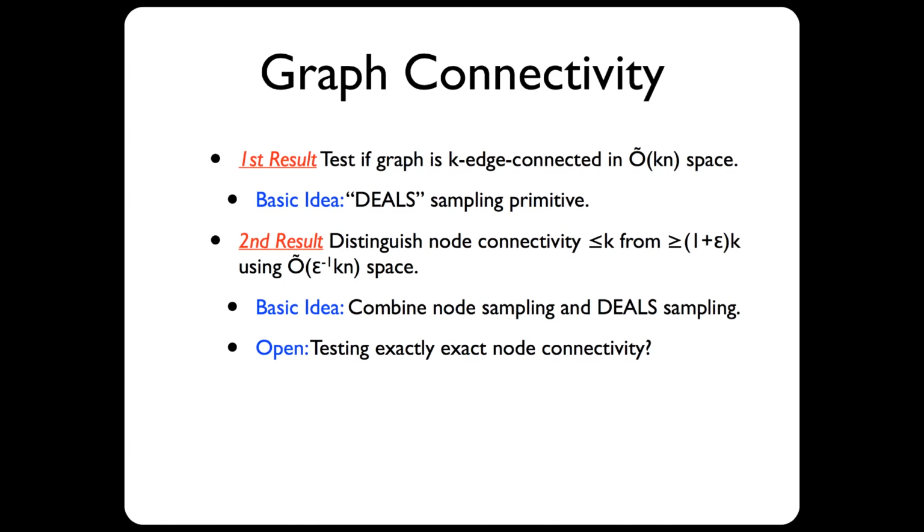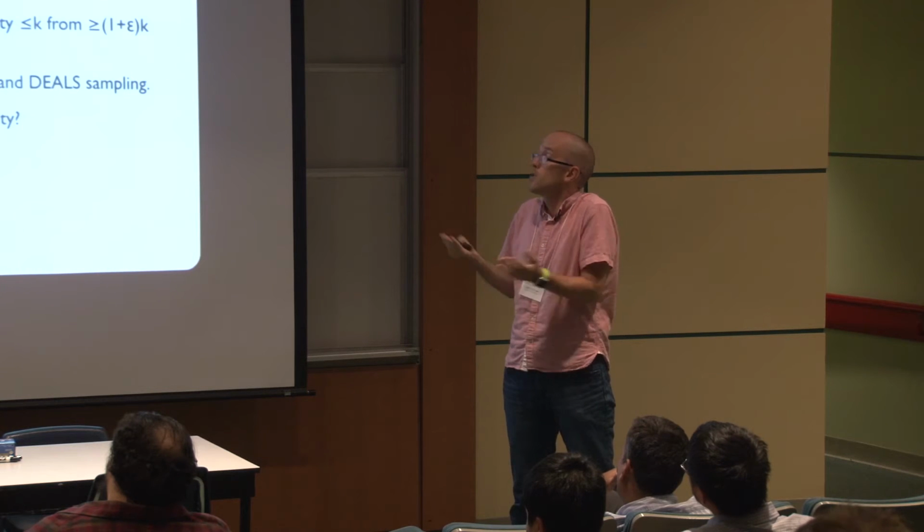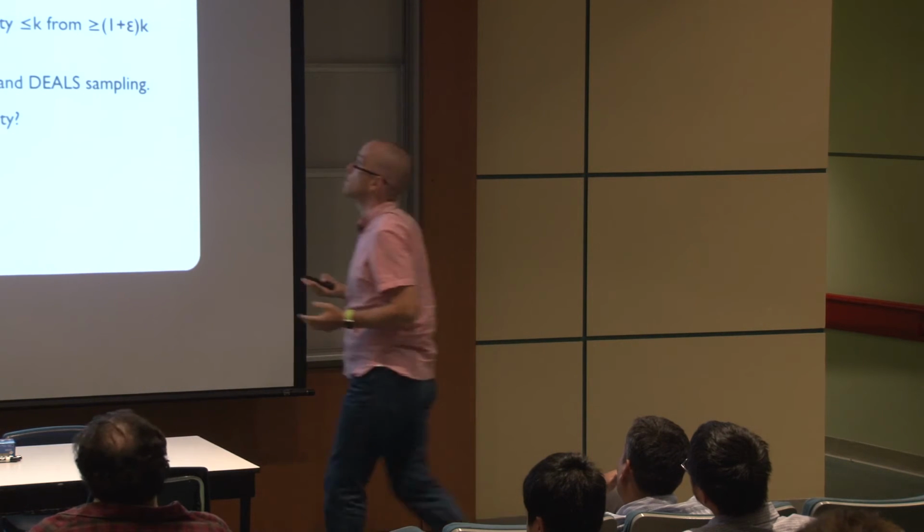The basic idea is you combine node subsampling, what we did in Snape sampling, with this deal sampling. It's an open question whether the 1 plus epsilon is really necessary. Like with edge connectivity, you can distinguish between K edge connectivity and K plus 1 edge connectivity in Kn space. I don't know whether you can do that for node connectivity.